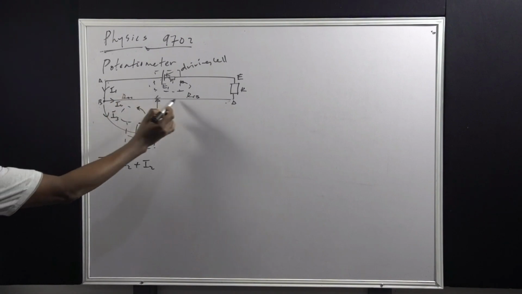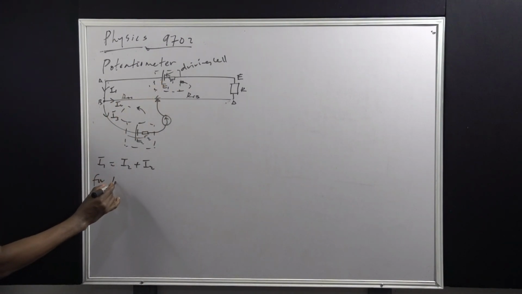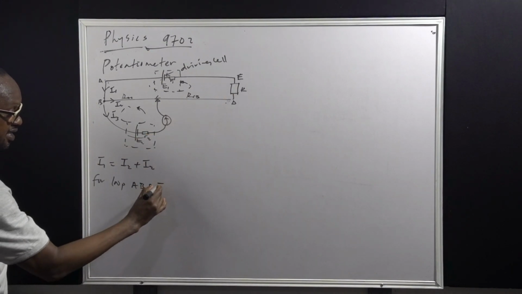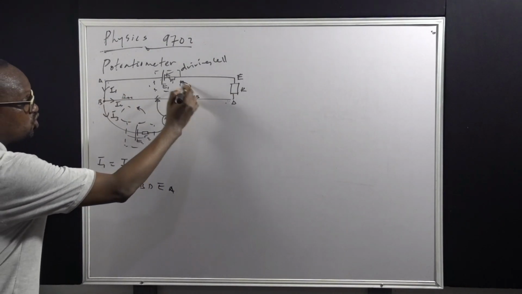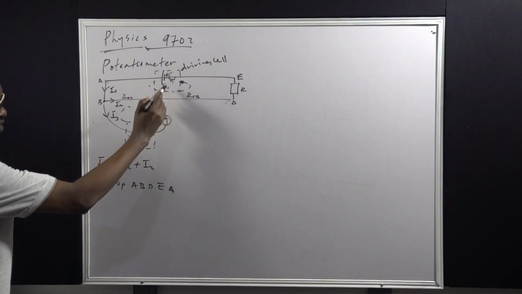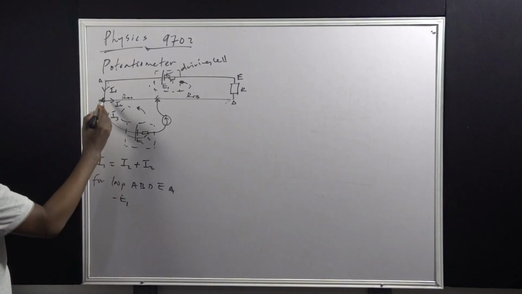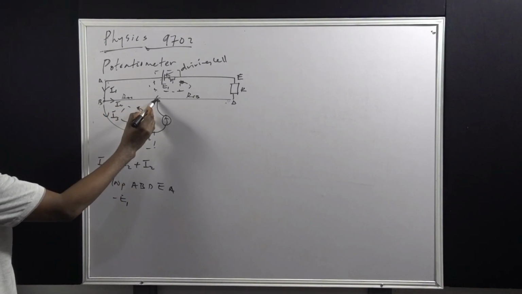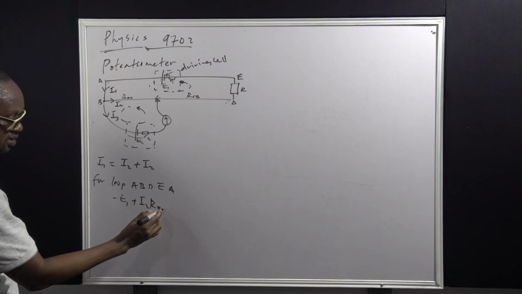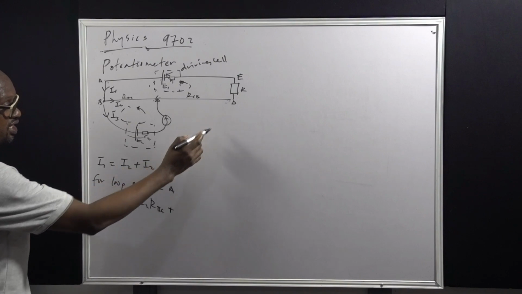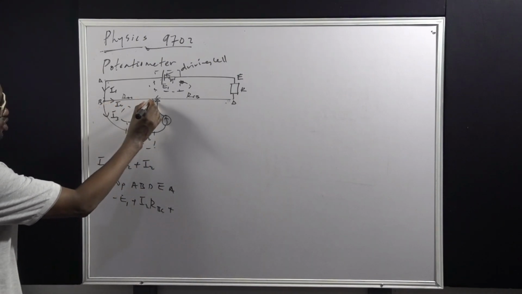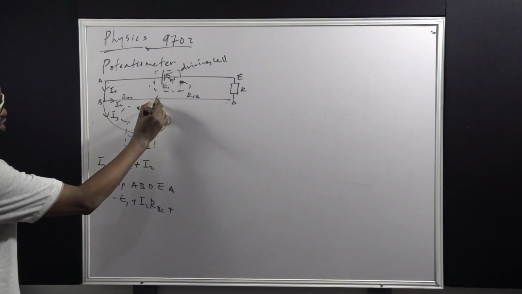So if I look at this loop, for loop A, B, D, E, A, if you go around this loop, according to the loop equation that I've explained before, this becomes minus E1 plus the PD across BC. That becomes plus I2 resistance of BC plus the PD across CD. Remember that the current entering this junction is I2, and the current entering this junction is also I3.